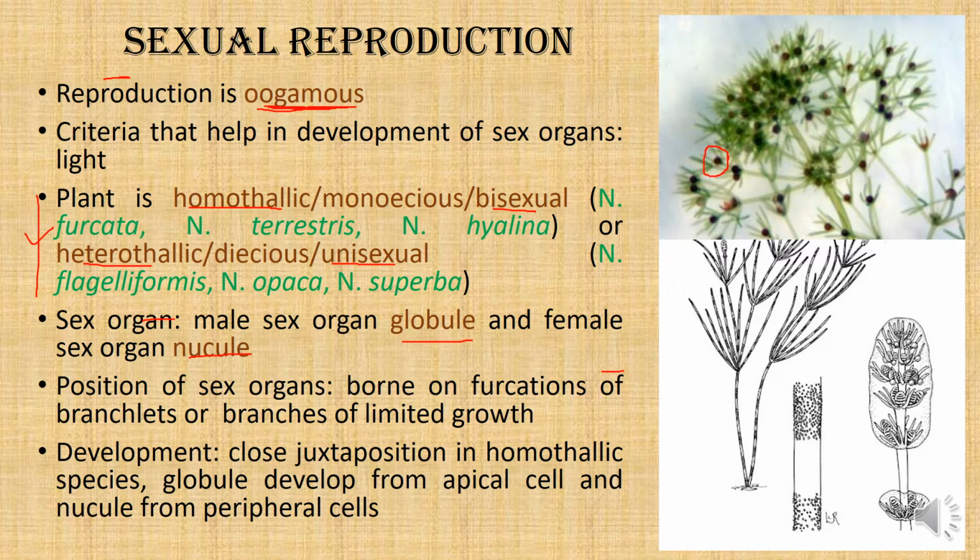branchlets. So if this is the main stem of Nitella, and this is a branchlet, we know that the branchlet has got furcations. We see that in this furcation area, among the furcations, the sex organs are born.